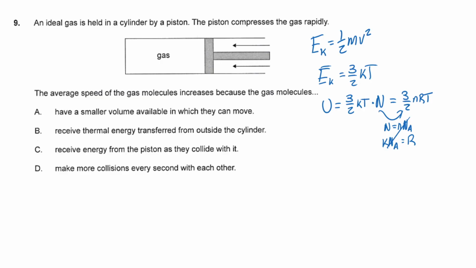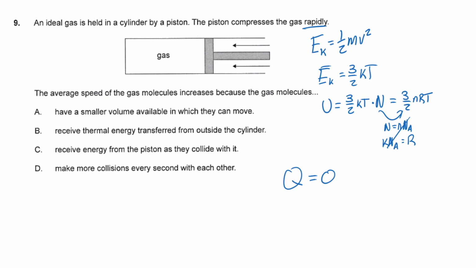What we need to look at now is that the piston is rapidly compressing the gas. Now this is important because it tells us that the process is adiabatic. Basically, because the compression is so fast, no heat is going to have time to enter or leave. So Q is equal to 0.